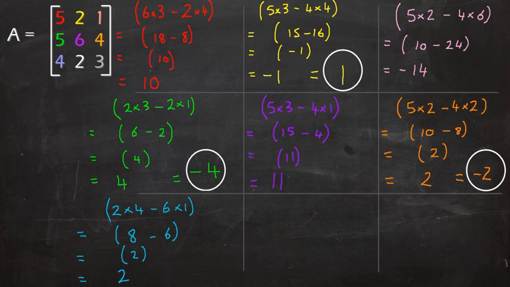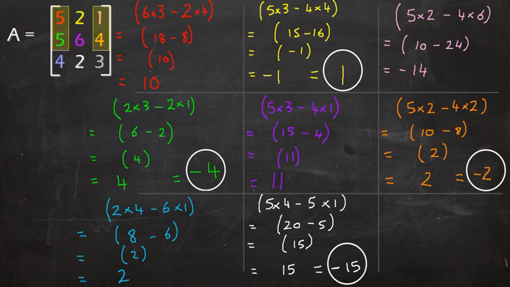And now we're on to this element 4. This one's a bit easier because it's in the corner. So we're going to multiply 2 times 4 minus 6 times 1, which ends up as 2. Last but one is this element here, so we ignore its row and column and multiply everything else. It's going to be 5 times 4 minus 5 times 1, which comes out as 15, but because it's every other one, 2, 4, 6, 8, this will need to have its sign changed from plus 15 to minus 15.